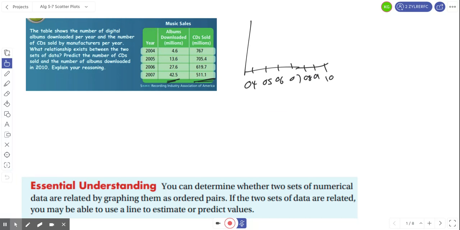And then, so this is your year. And then on the other axis, let's start with the albums downloaded. I'll just go up by 10s: 10, 20, 30, 40, 50. That should give me enough.